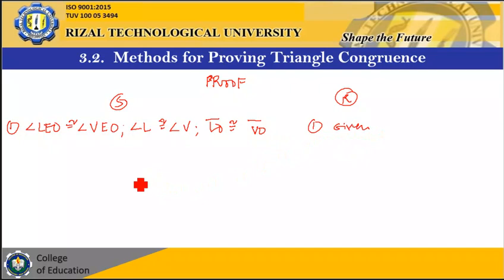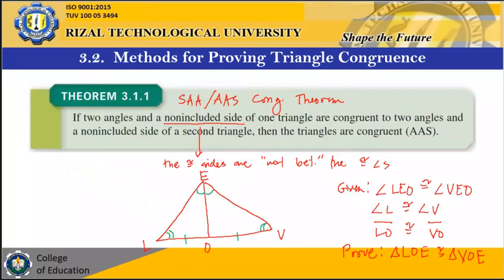Now, from the information, we already know that angle LEO and angle VEO are congruent, and angle L and angle V are also congruent, which are two angles of the triangle.